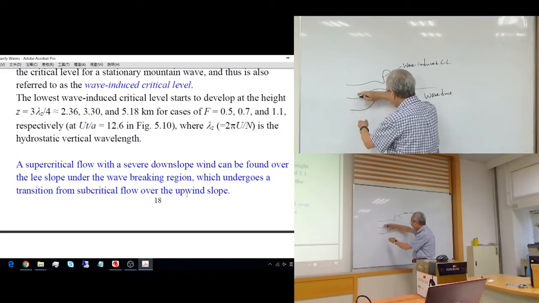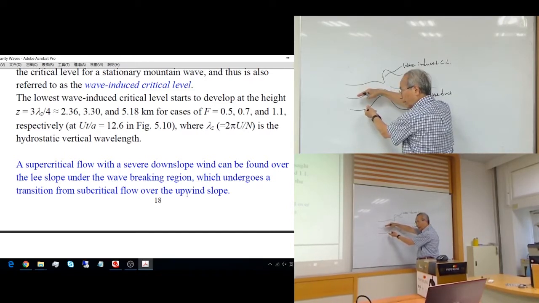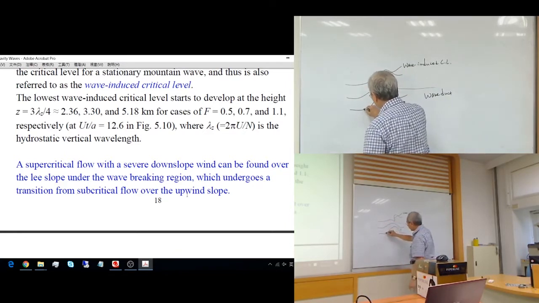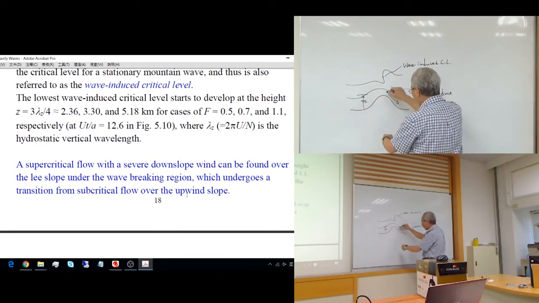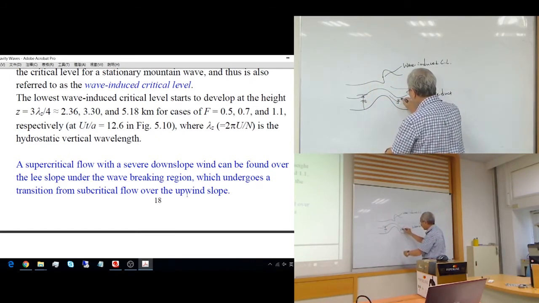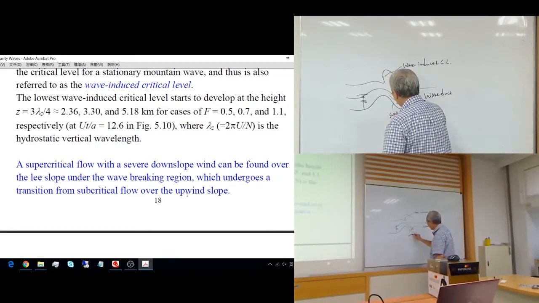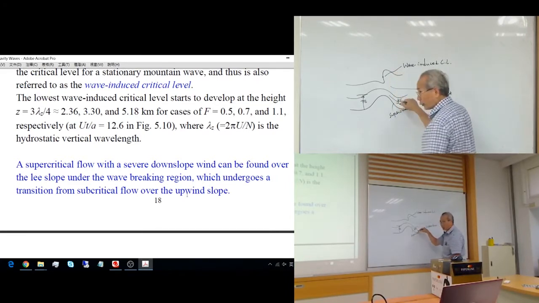So you accumulate it, and then you elevate the flow and the streamlines, and you increase the potential energy here. When you've got enough, you rush down and convert to kinetic energy. So here is supercritical flow, and that's why the wind is very strong here.